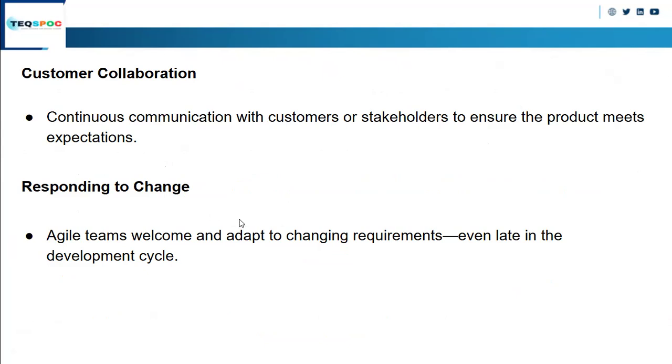If the client asks for a change in between the development, then we will respond to the change. In the waterfall model, which is a predictive model, if some change occurs in between development and testing, we are not able to change things. We have to start from the beginning, and that is time consuming. In Scrum, we can make the change in between the development. That is the benefit of using Scrum. That is the second point.